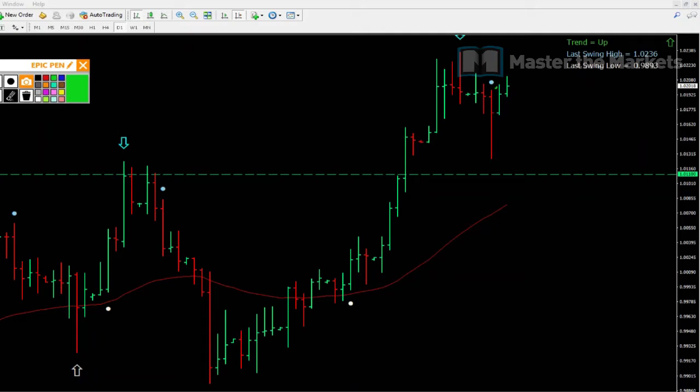Let me just erase that one off. And there you go. If I were to erase those two off, traders, this is all you have. Now, this was the FOMC bar, when the FOMC statement came out. A bit of erratic movement in the market.